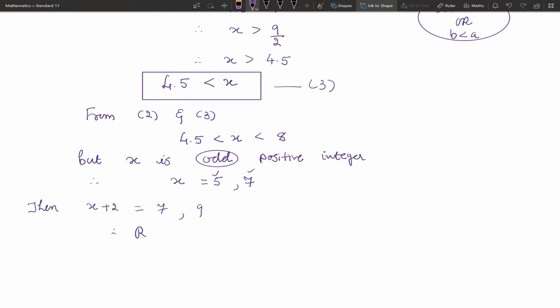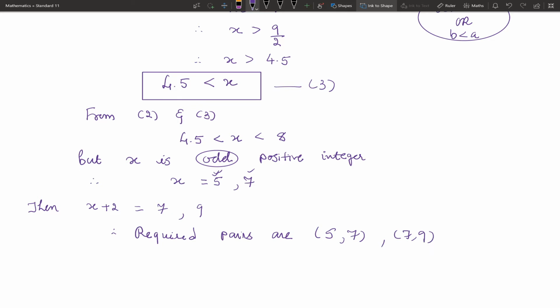And therefore the required pairs are 5 and 7, and 7 and 9. You can check, both are odd.